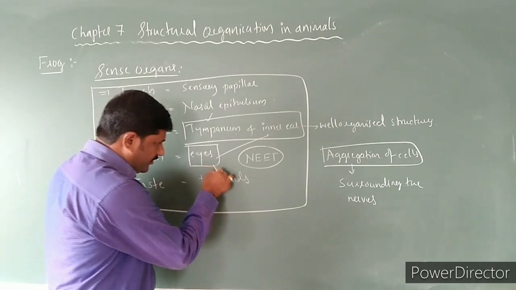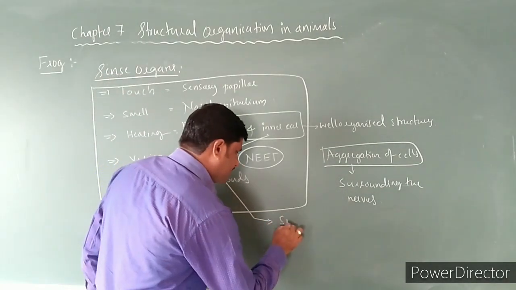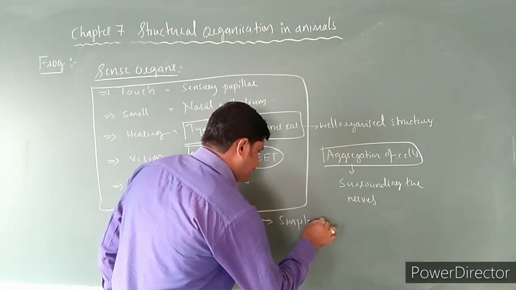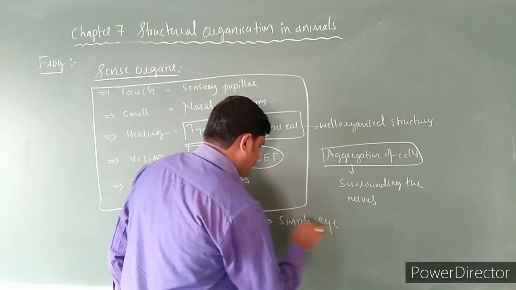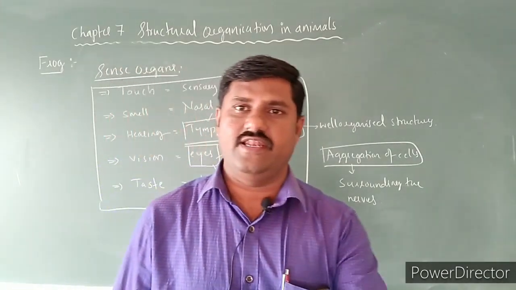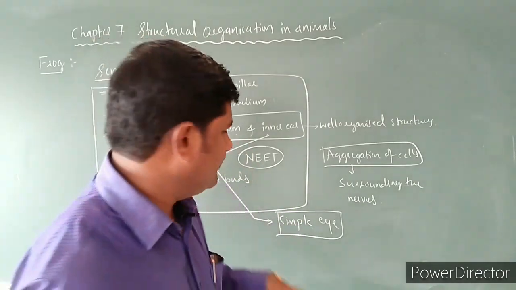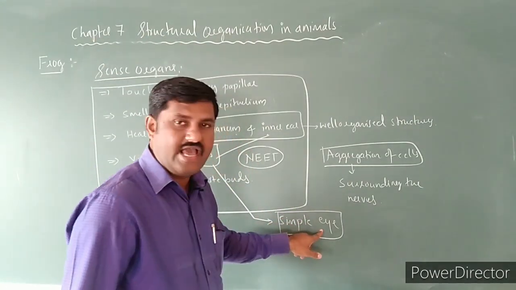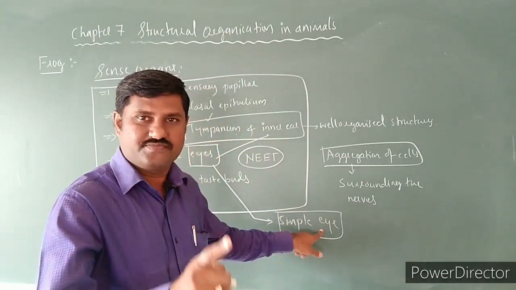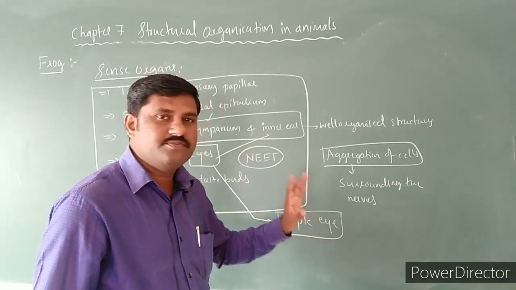One more point we noted regarding this eye. What is this eye? This is a simple eye. You might come across compound eyes, which are seen in insects like the cockroach. This eye has only one unit, hence it is said to be a simple eye.